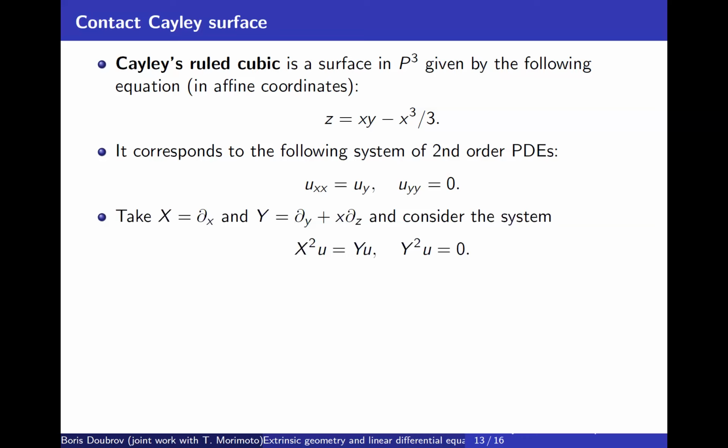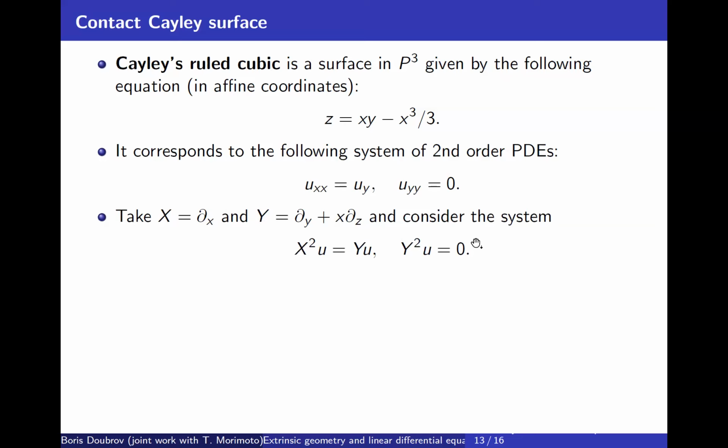So what we do, we just mimic what we've done before, namely we take x and y to be non-commuting vector fields from R^7 with a standard representation, one of the standard ways to write contact coordinates from R^7, and consider the system.